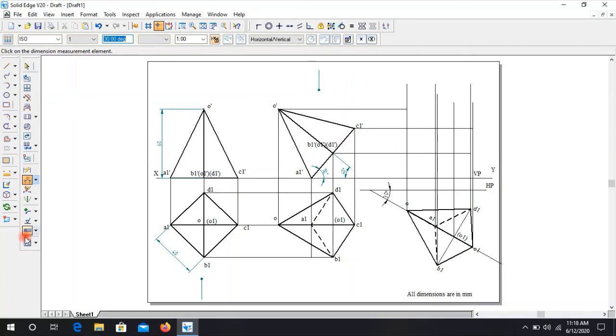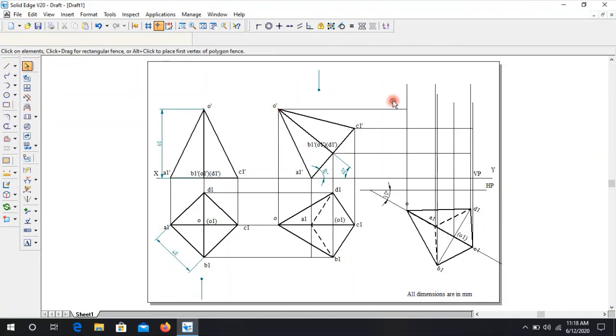Now keep locating different points. I will start with point O, which is vertical line from O, horizontal line from O. So this is point O dash. Extra line you can erase. Next, this is the vertical line from A1, horizontal line from A1.